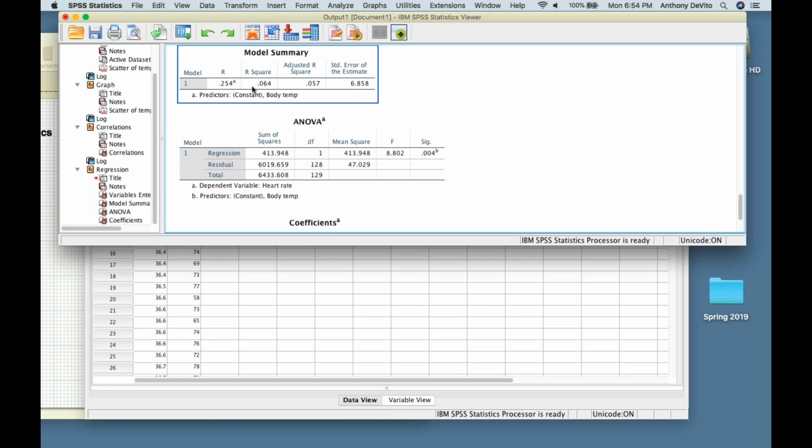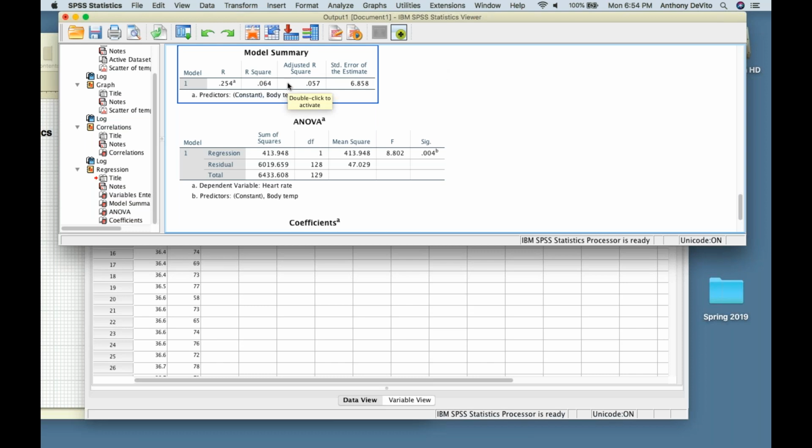Only 6% of the variability in those heart rates is predicted by this analysis. That's not very good, right? That means that 94% of the variability is other stuff that's predicting it. Could be physical capacity, it could be exercise, it could be BMI, it could be general health, it could be age, and so on and so forth. But there are many other factors that are probably more important than this.